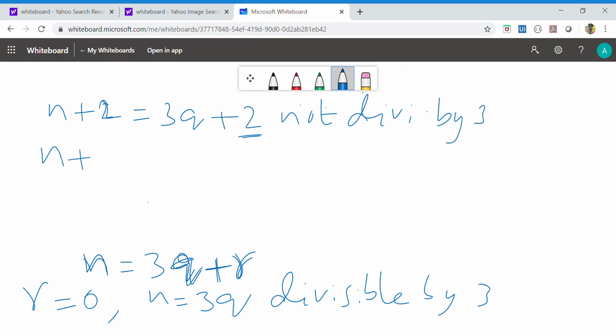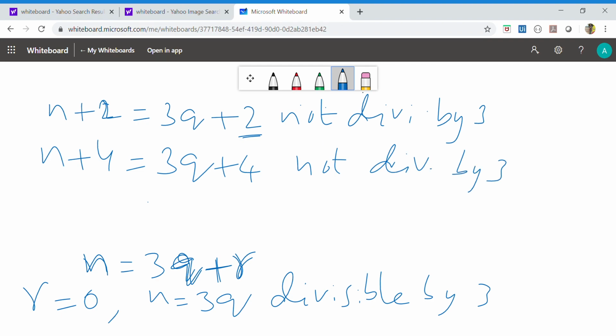And we have to check n plus 4 also. So 3q plus 4 it becomes. This is also not divisible by 3. So out of n, n plus 2 and n plus 4, which is divisible? Only one is divisible. n is equal to 3q is divisible by 3. n plus 2 is not divisible, n plus 4 is not divisible.